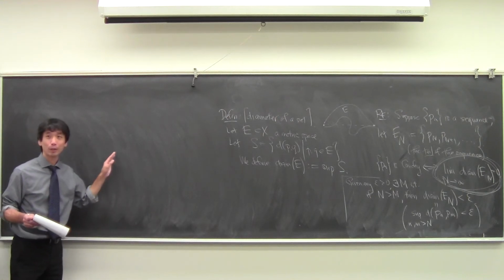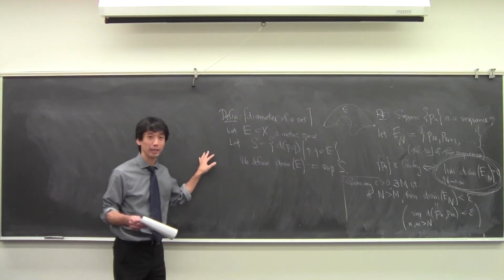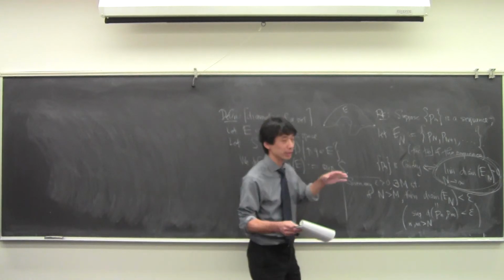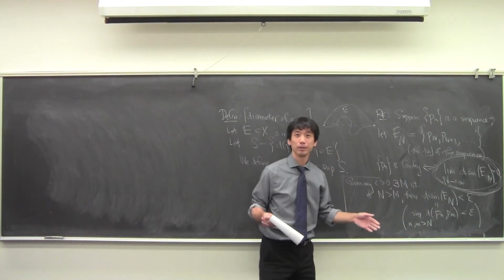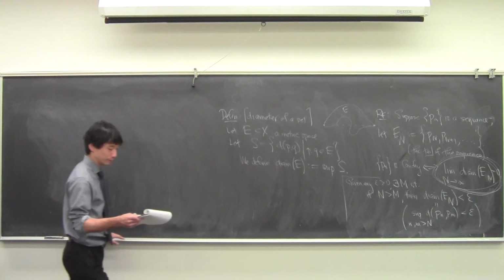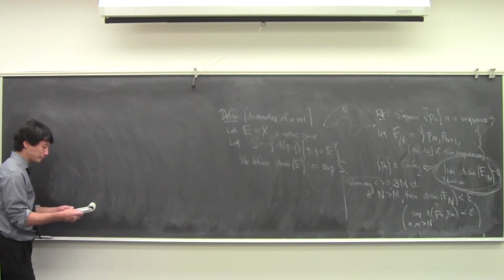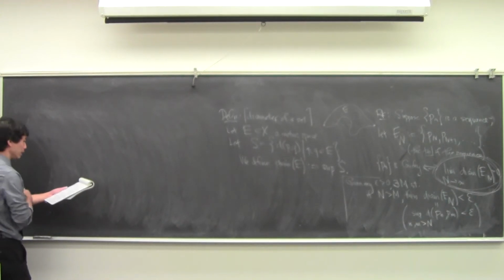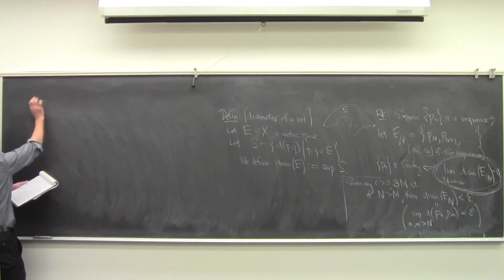Okay, so Cauchy means that the diameter of the tail goes to 0. A couple of facts about diameter that we're going to need.